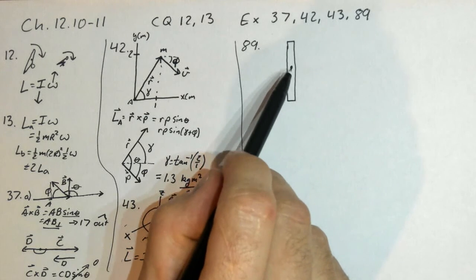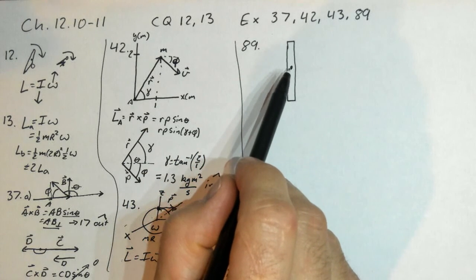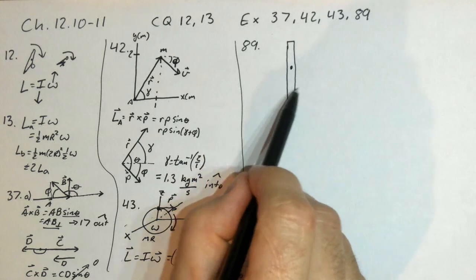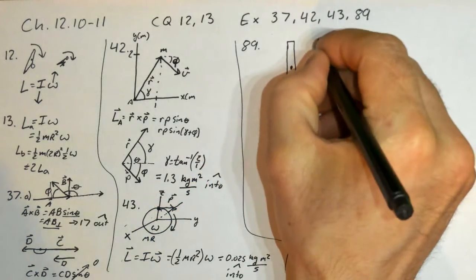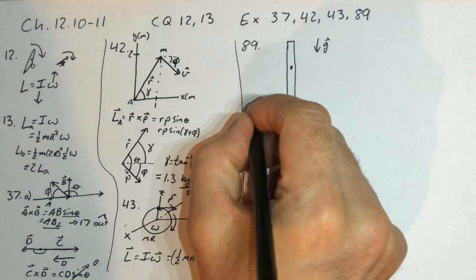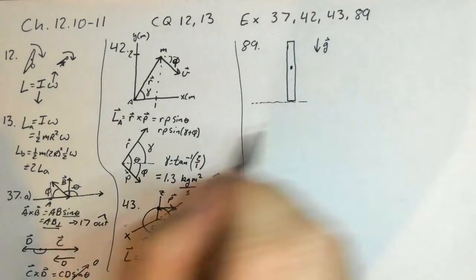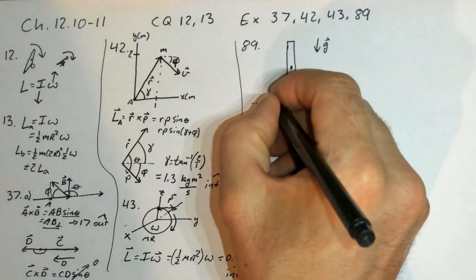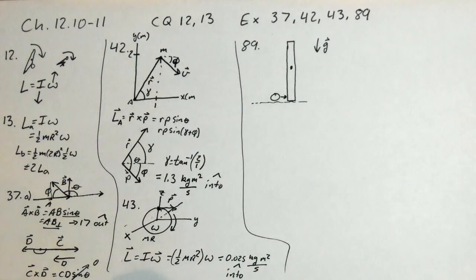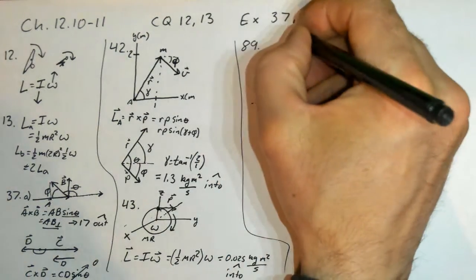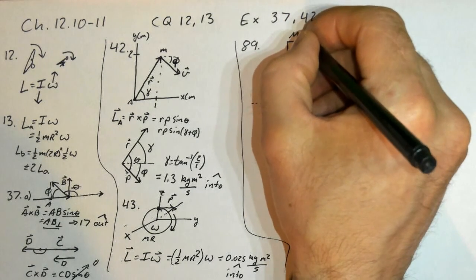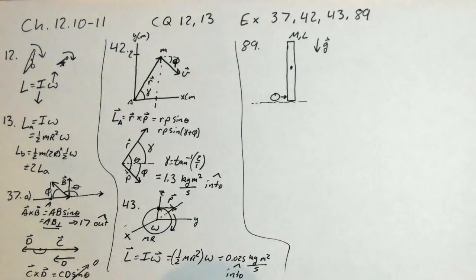Actually, I take that back. It wouldn't in this case because it's pivoted in the center, because gravity only acts on the center of mass. But gravity is pointing straight down, so g is down. Now, it sits barely not touching a frictionless surface, and I have a blob of clay that's traveling towards it with some speed v. This rod has a mass of 75 grams and a length of 30 centimeters.